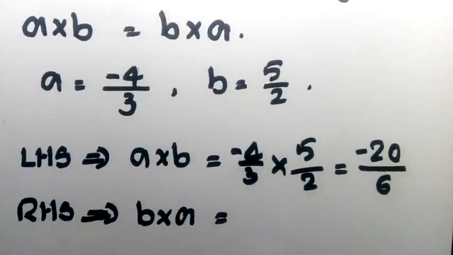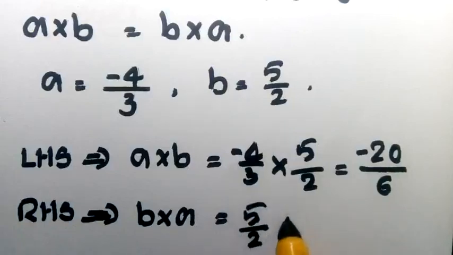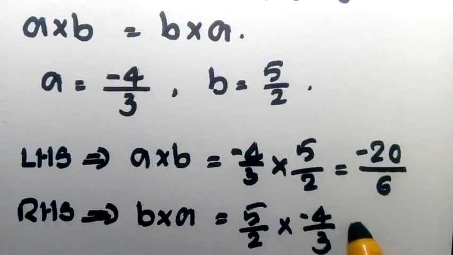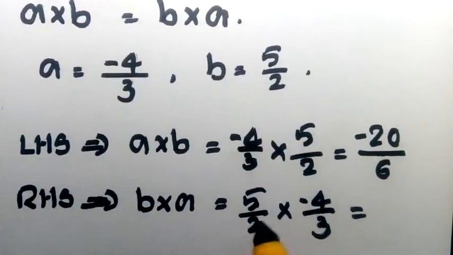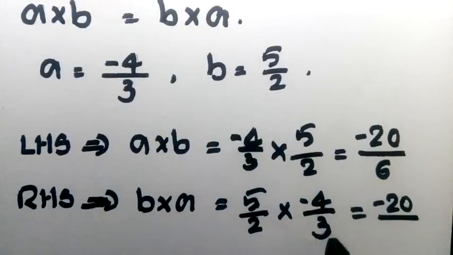Next we will check the RHS. b into a. b is 5 by 2 into a is minus 4 by 3, which is equal to 5 4s are 20 and positive into minus is minus only. So 5 into minus 4 is minus 20 by 2 into 3. 2 3s are 6.